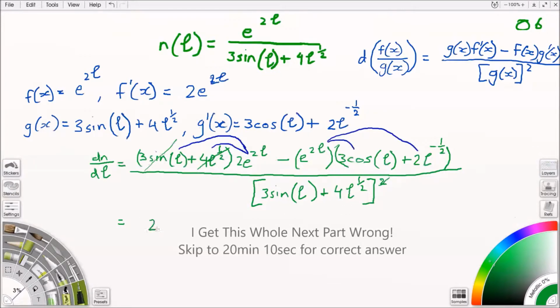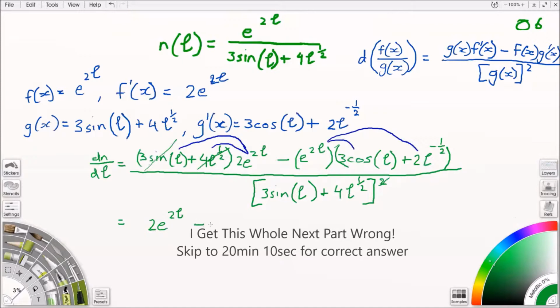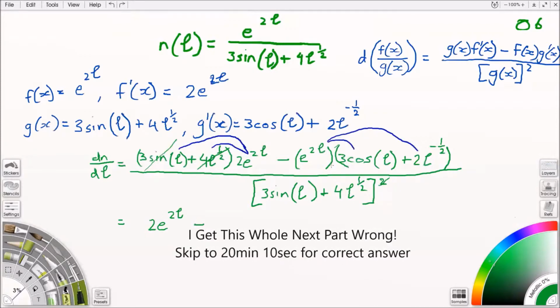This now, if this works, I will be so happy. Oh, we still have to expand this one though.